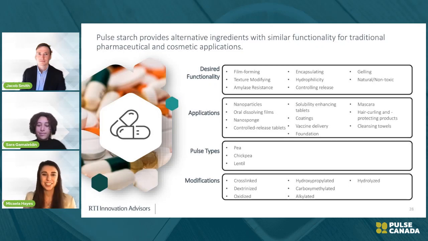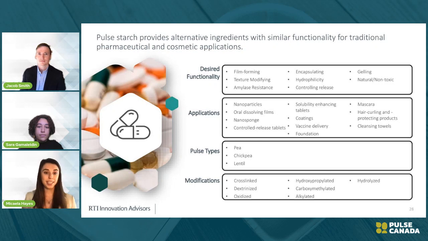Great. Thank you, Sarah. As Jacob noted, we specifically wanted to focus a lot of our time on highlighting the food applications relevant for pulse starch. But we also, as part of our patent analysis, dove into applications that extend well beyond just the food industry and highlight its utility among cosmetics, pharmaceuticals, various industrial applications, as well as pet food and feed applications.